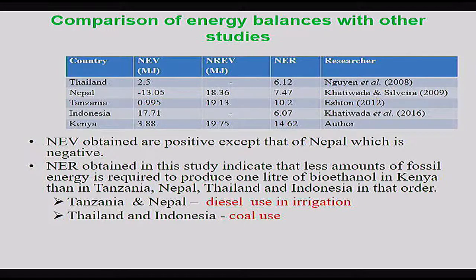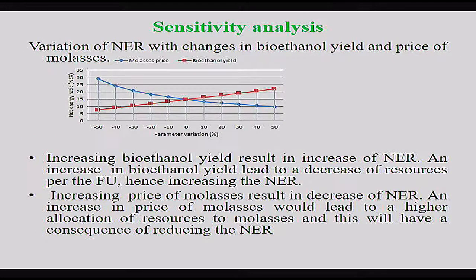I also did sensitivity analysis where I determined the variation of the net energy ratio with changes in the bioethanol yield and the price of molasses. And this is what I obtained.